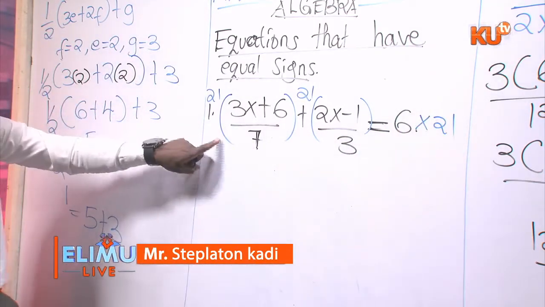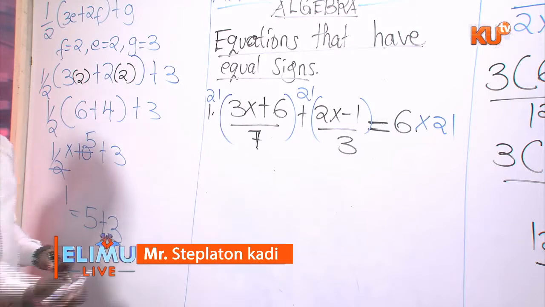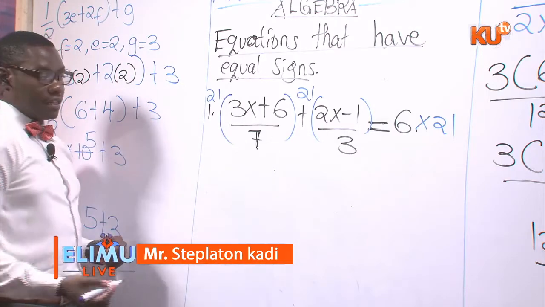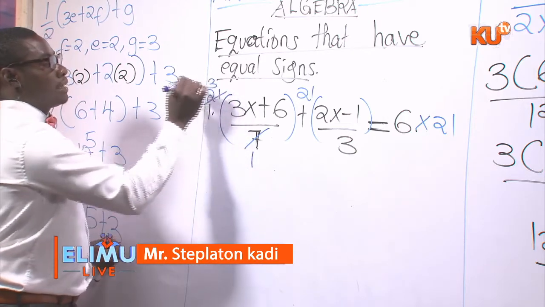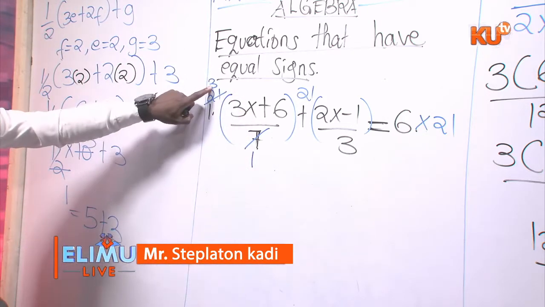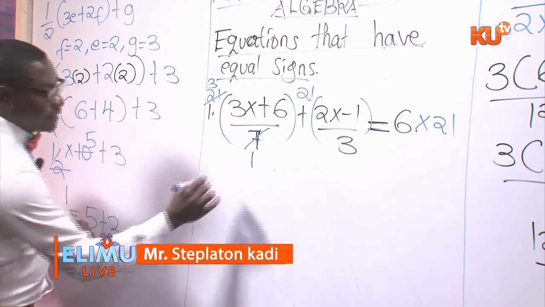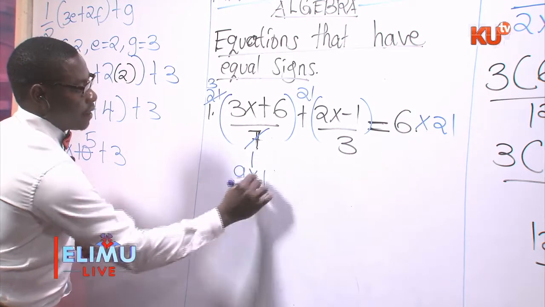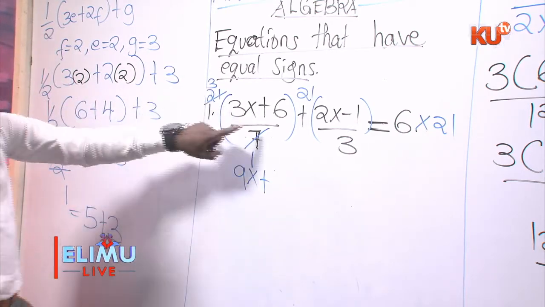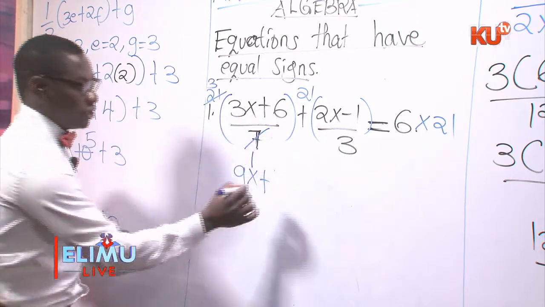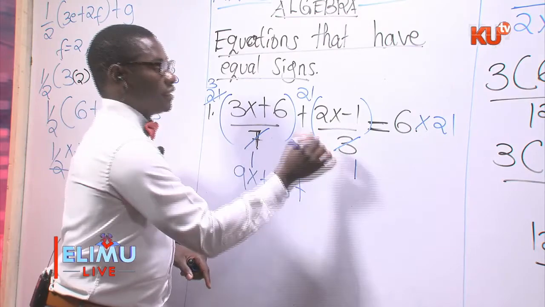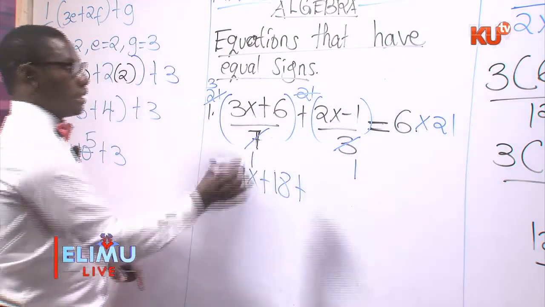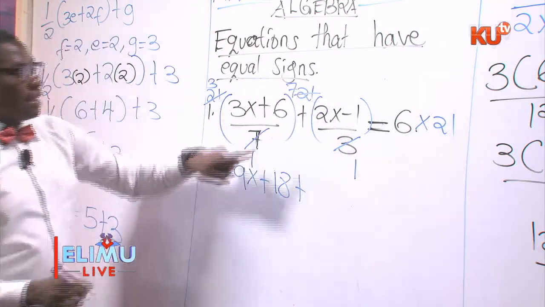These brackets show that we are multiplying everything inside the brackets. 7 into 7, 1; 7 into 21, 3. 3 times 3x is 9x, plus 3 times 6 is 18, plus 3 into 3 is 1, 3 into 21 is 7.